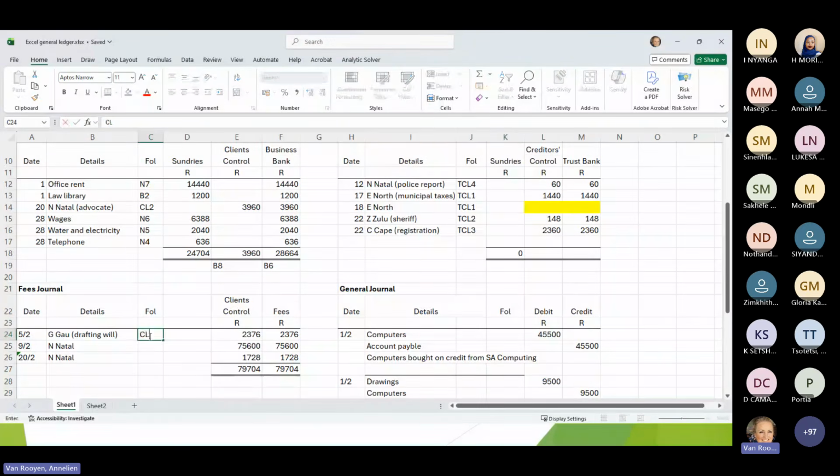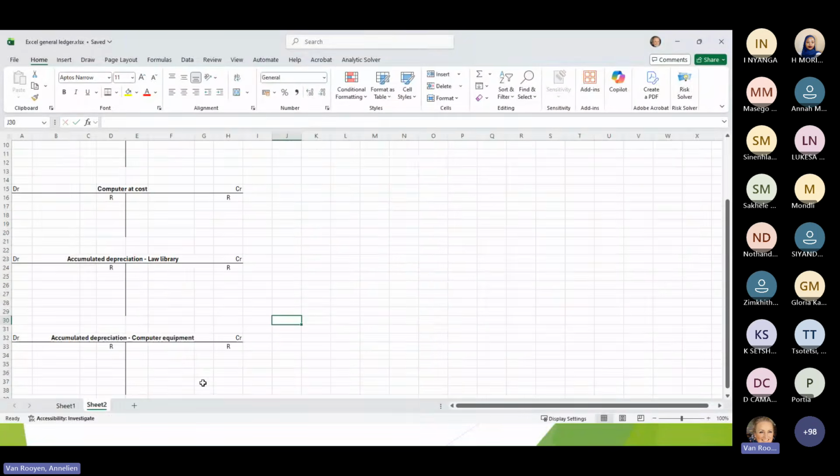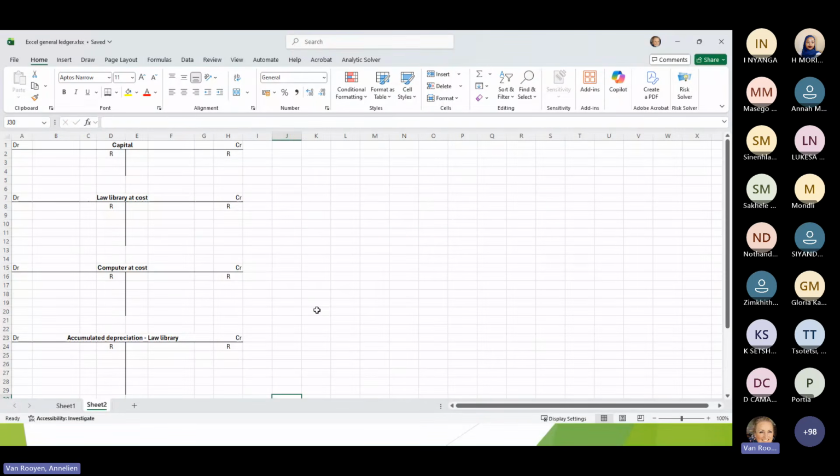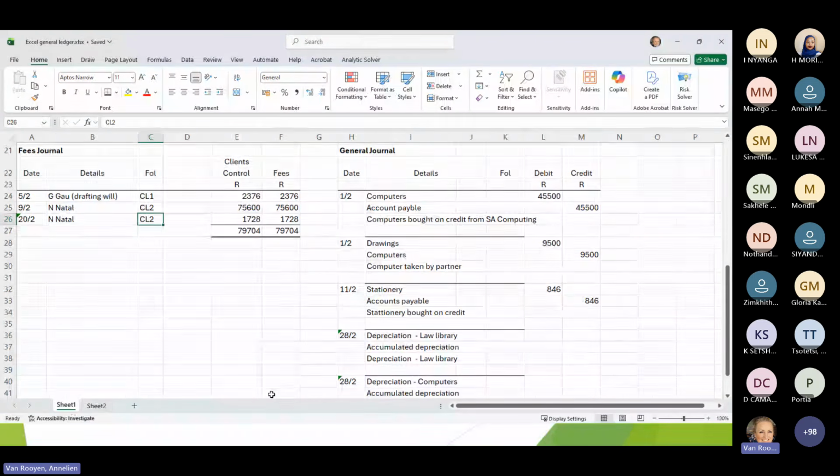Okay, now we're going to move over to the actual ledgers itself. Did I miss anything there? If Natal is CL2 in there, should it not be TCL? No, he's not a trust. This is just a client.